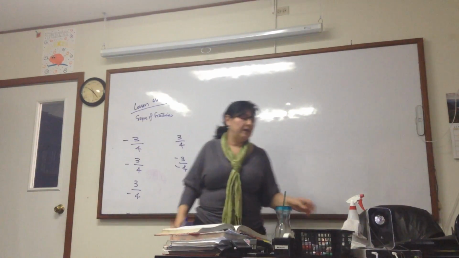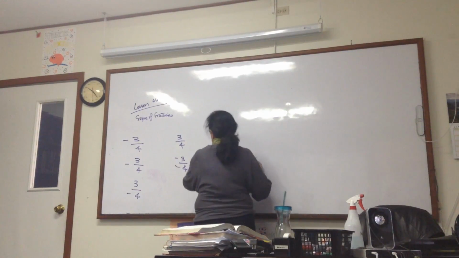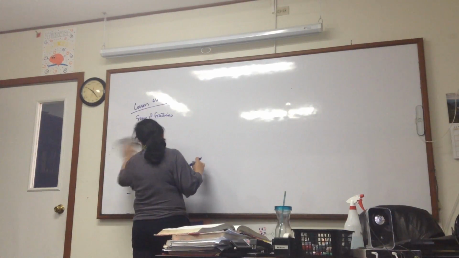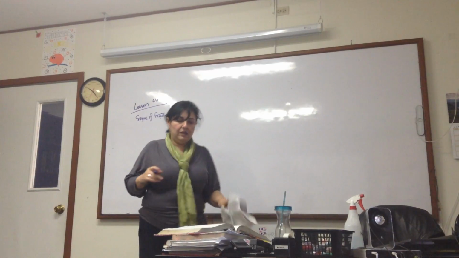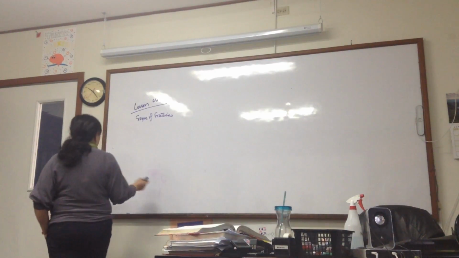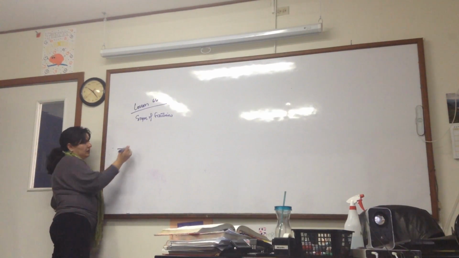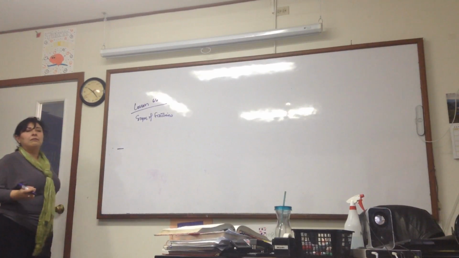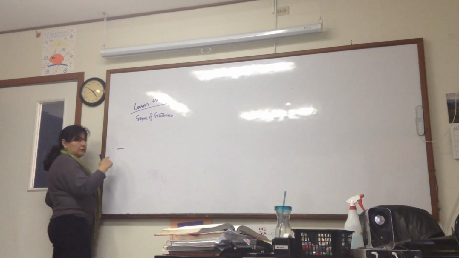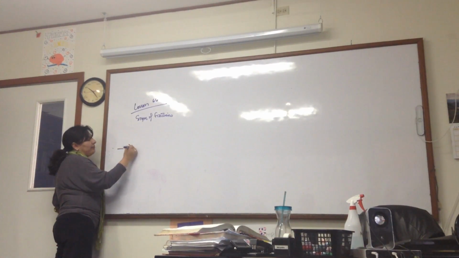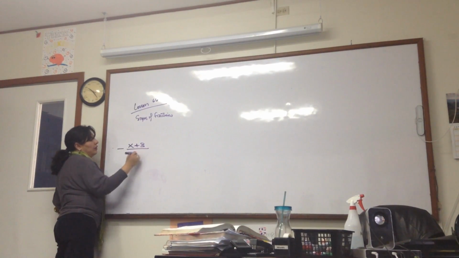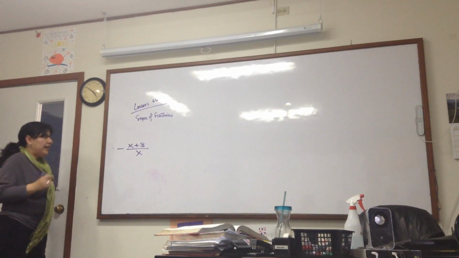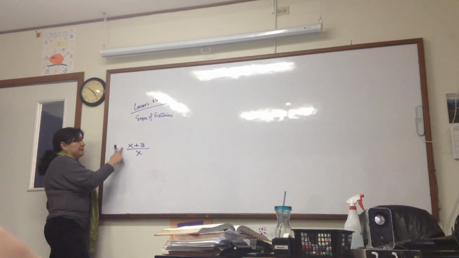So why am I going through this again? Because if I have a minus here and I have x plus 3 over x, this minus is in the middle.